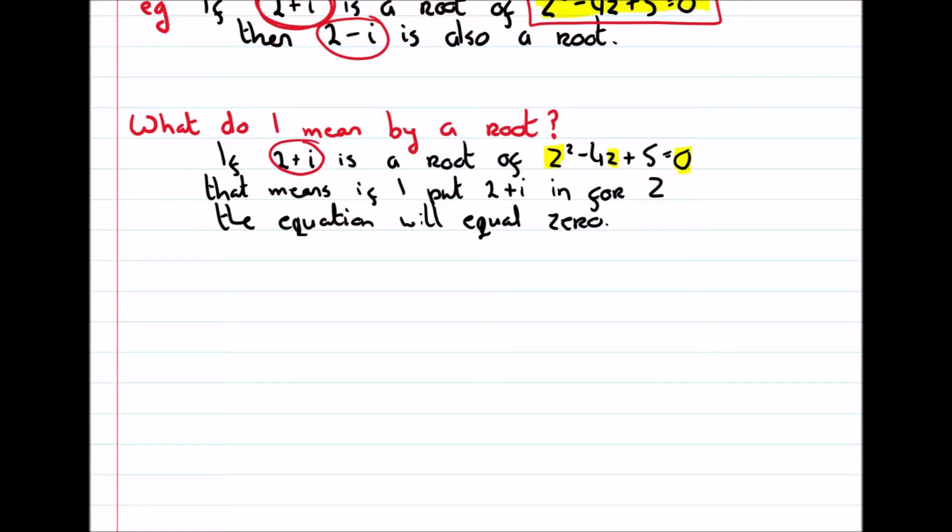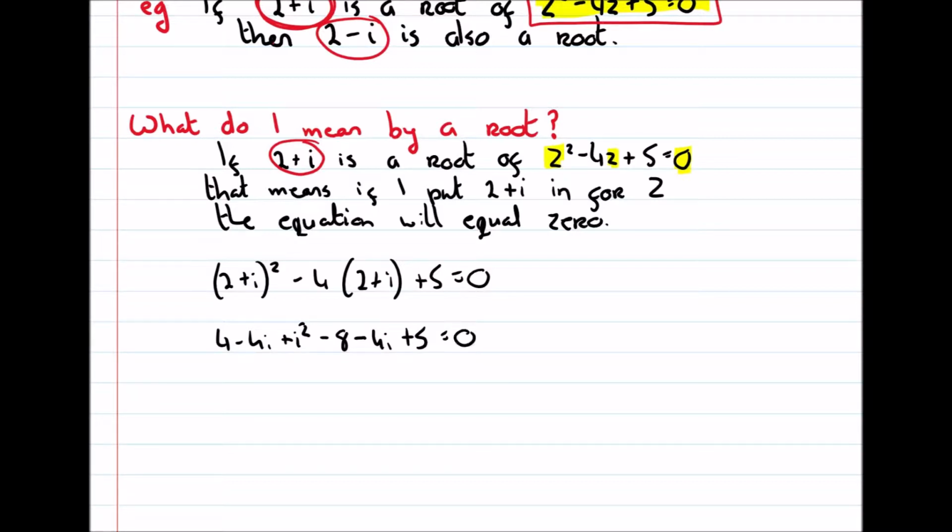Let's try it. So we're going to sub in this number, 2 plus i, square it, minus 4 times 2 plus i, plus 5 equals 0. When we square that, we will get 4 minus 4i plus i squared, minus 8 minus 4i plus 5 equals 0.